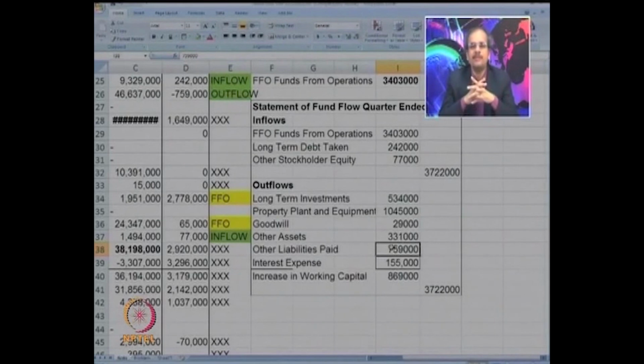This is how the fund flow statement gives you an idea as to inflows and outflows. So we stop here, and in the next session we will look at more details of the analysis of statements. In this session we have covered mainly preparation of the fund flow statement, wherein we find the difference, mark the items as inflow or outflow, mark the items as working capital, mark the items as FFO.